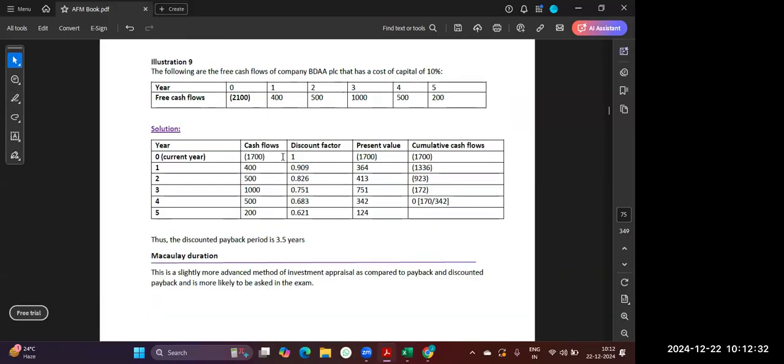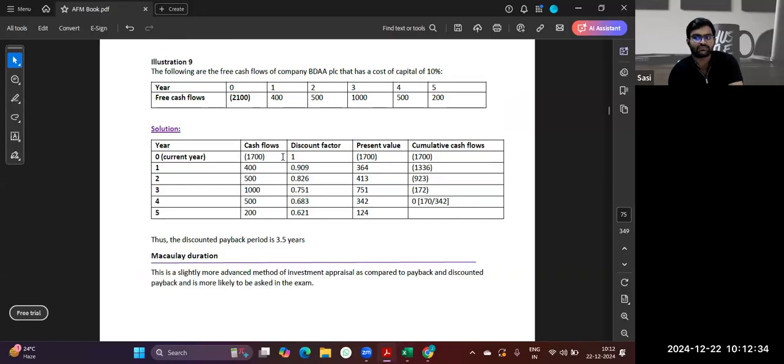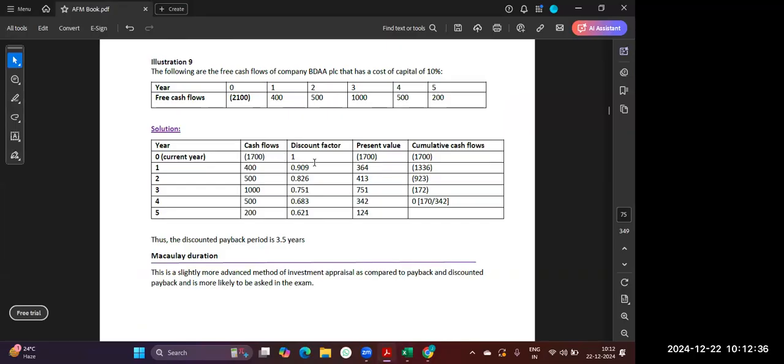Can you see the table in front of me? You have the discount factor and the present values. I don't think I need to explain what a discount factor is. Now, in the first year you have negative 1700.